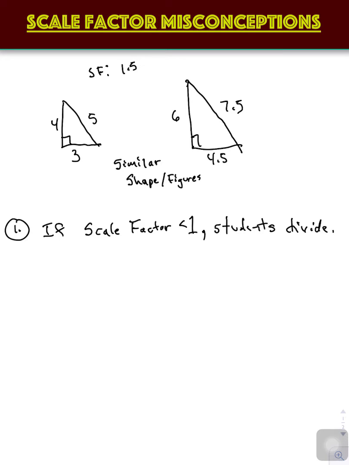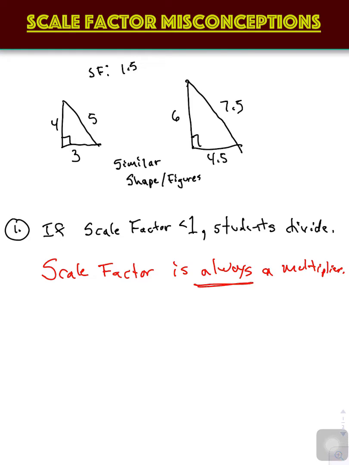What I want us to remember is that scale factor is always a multiplier. The reason that's important is because if we divide by a number less than 1, it actually still enlarges our figure.